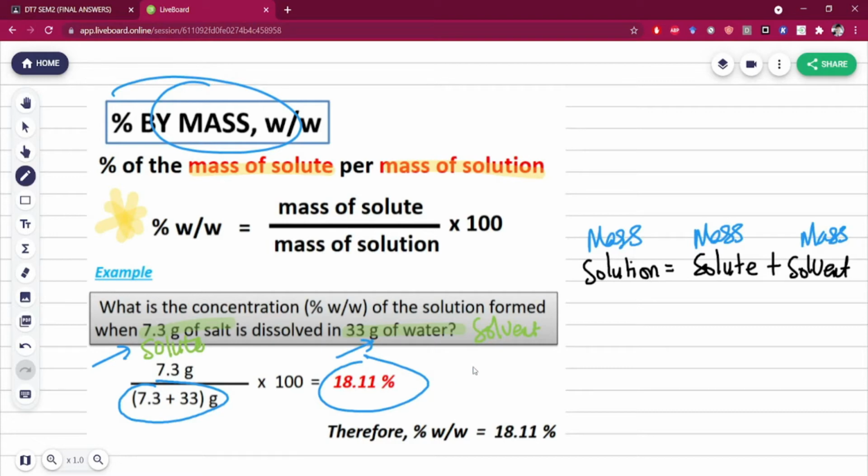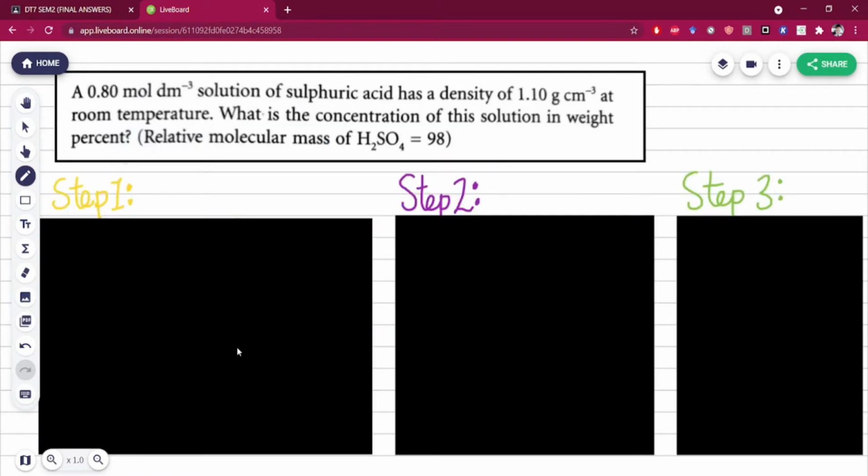Now, let's have a look at one example. A 0.80 mole per decimeter cubed solution of sulfuric acid has a density of 1.10 gram per centimeter cubed at room temperature. What is the concentration of this solution in weight percent? The relative molecular mass of sulfuric acid is given to us, 98.